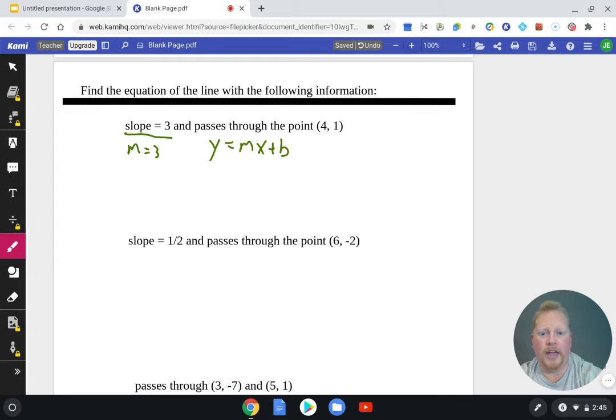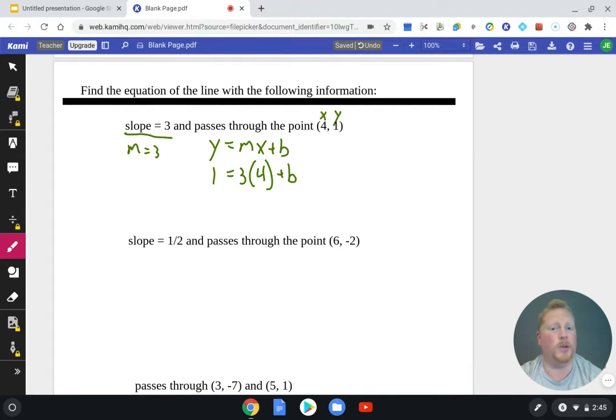So I know my m value is 3. What about x and y? Well, that's where that coordinate comes in, because every coordinate has an x and a y value. So I know that that 4 is going to go in for x. I know the 1 is going to go in for y. And that plus b is going to stay plus b.